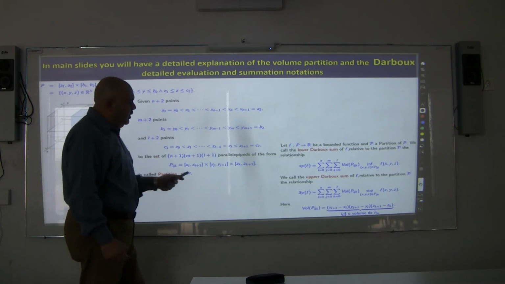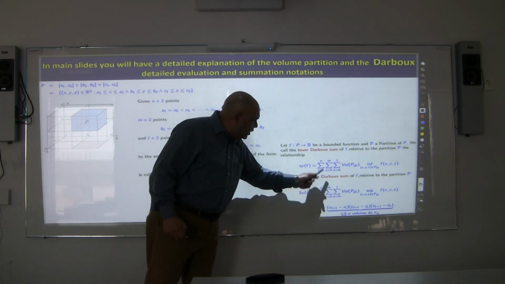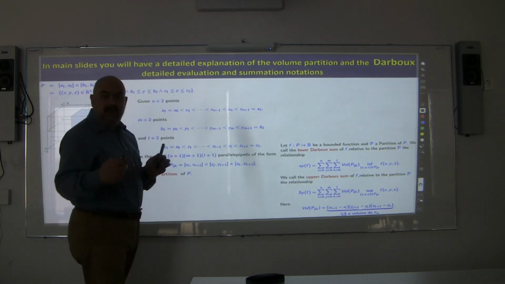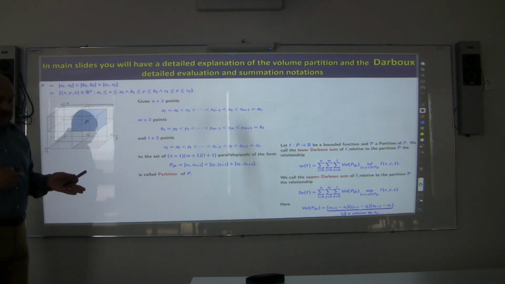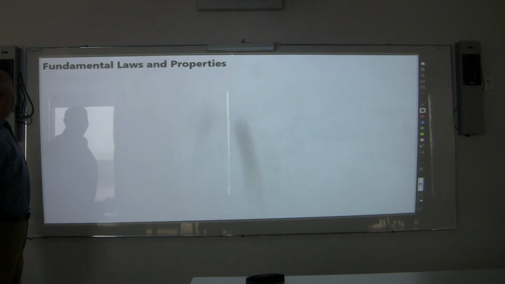You will find this on the main slides. And after gathering these summations, you will end up having the volume, the triple integration that we are handling.